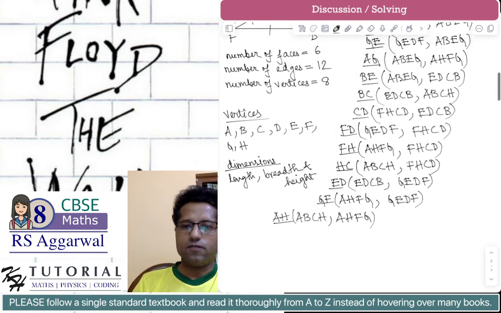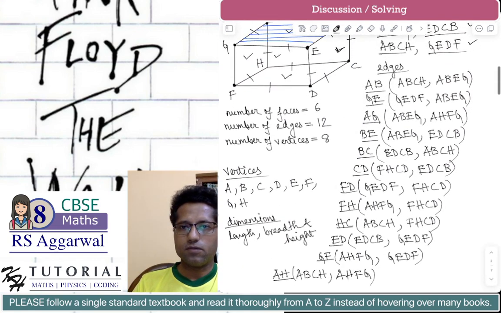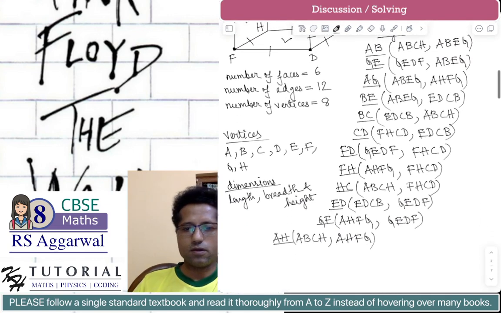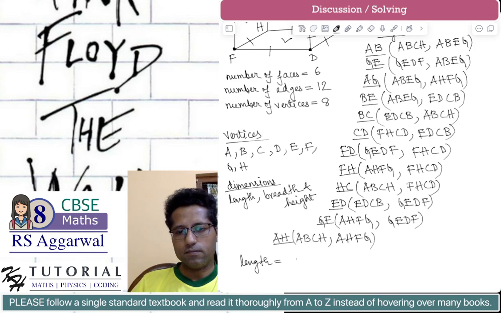So for this cuboid, you can consider the length to be the edge FD.